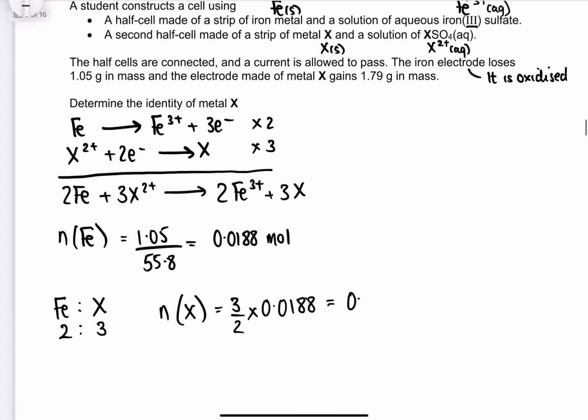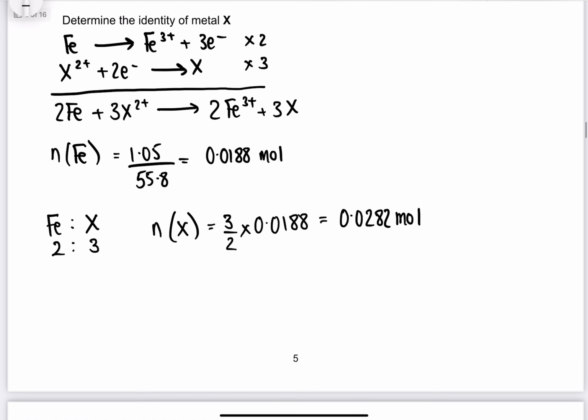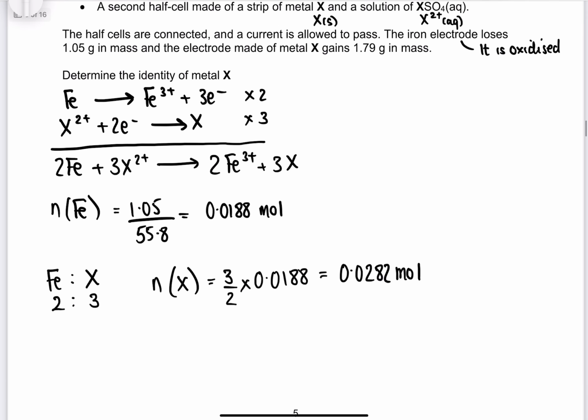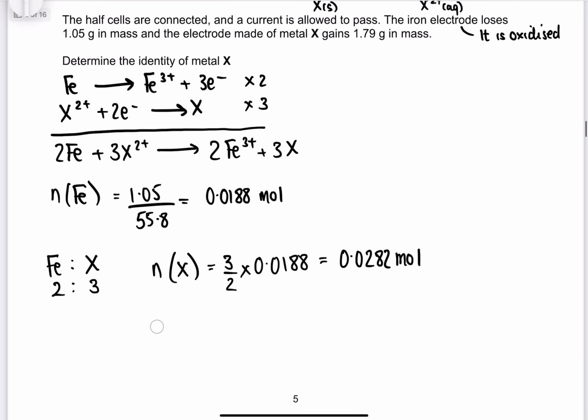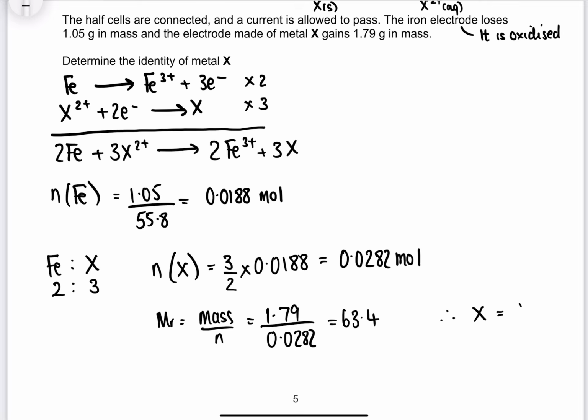If we do that on our calculator, and then we can do mass of X. No, we can't do mass because we've got the mass, the question is to find the Mr. So Mr is mass over moles. So 1.79 divided by 0.0282. I'm going to get an Mr of 63.4, and if we use our periodic table, X equals copper.